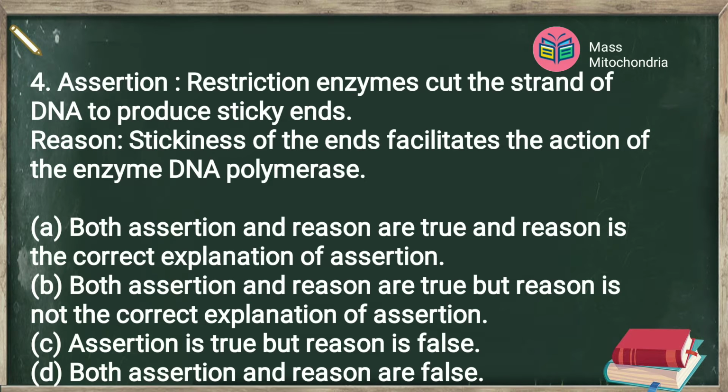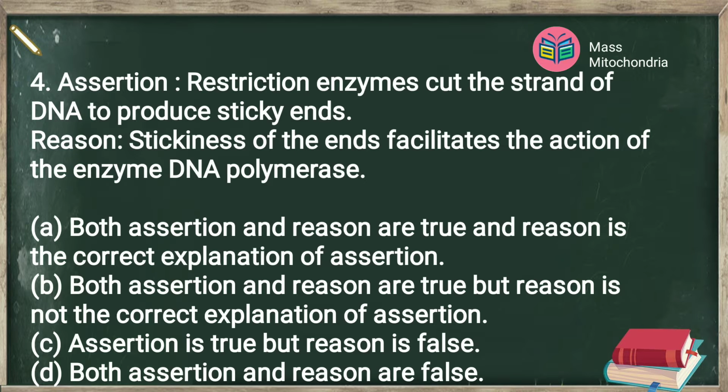Option B. Both assertion and reason are true, but reason is not the correct explanation of assertion. Option C. Assertion is true, but reason is false. Option D. Both assertion and reason are false.